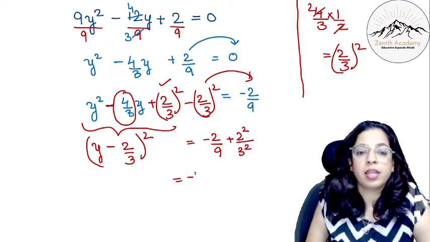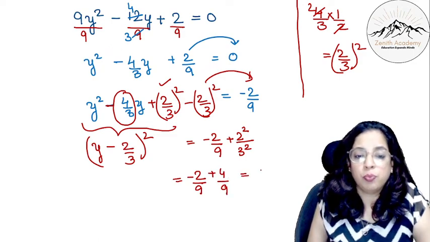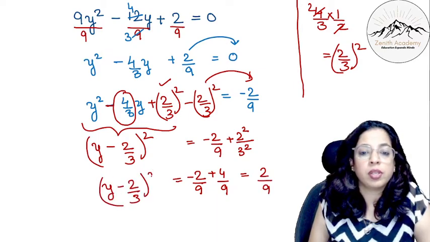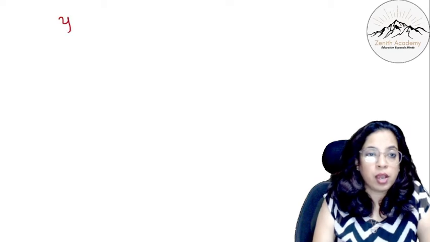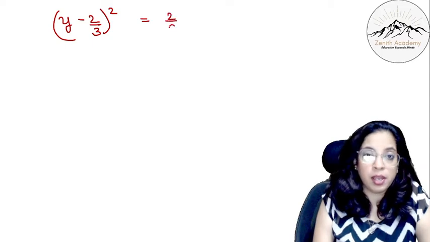So it is minus 2 by 9 plus 4 by 9, which is equal to positive 2 by 9. So y minus 2 by 3 whole square is equal to positive 2 by 9. I will write it here again.